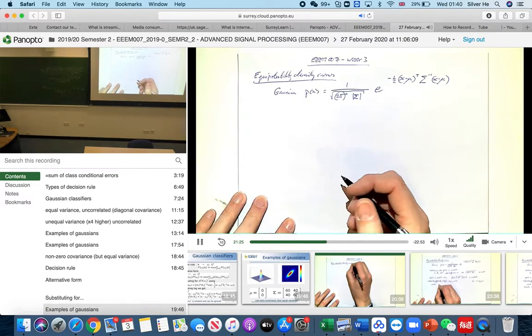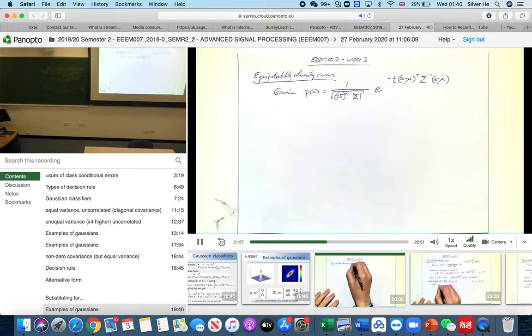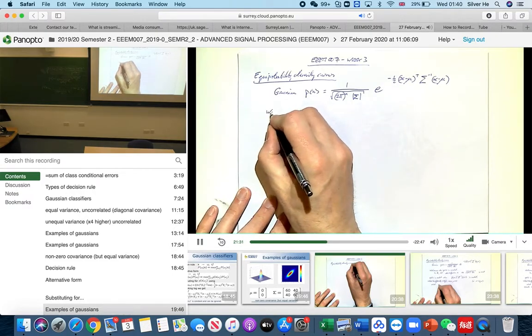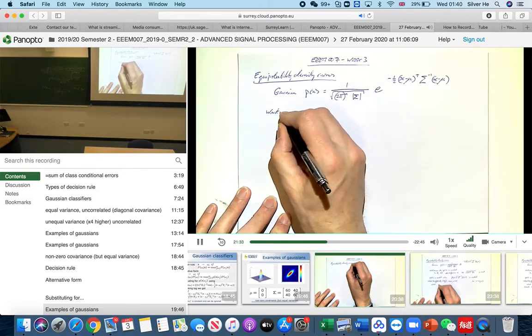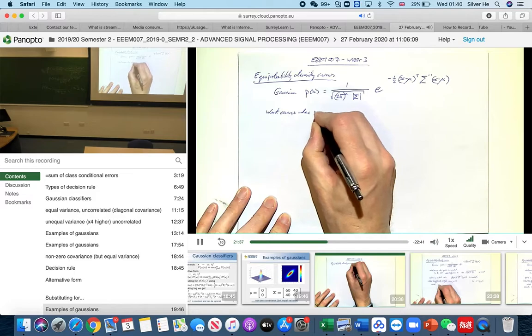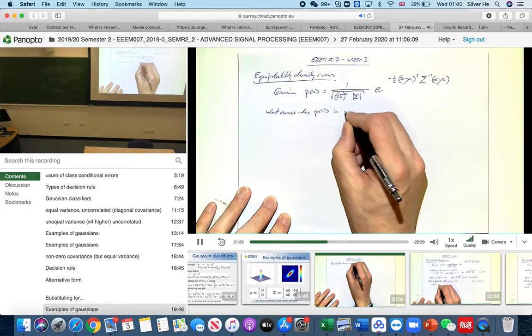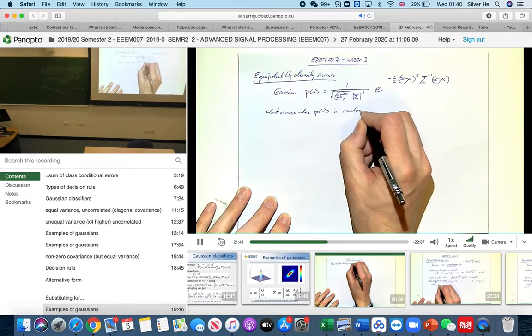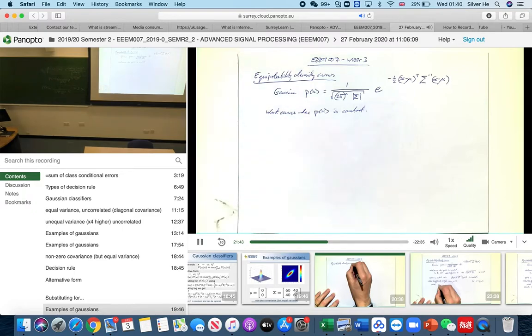And we want these equal probability curves, so we want the curves where p of x is constant. So some simplifications that we can make.